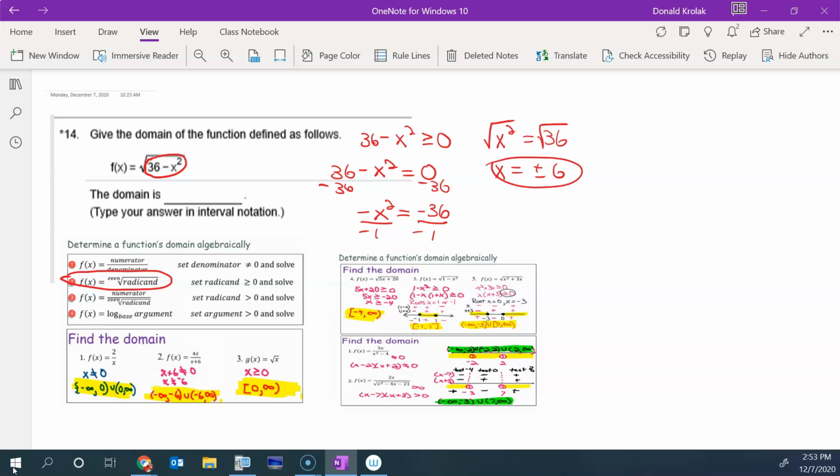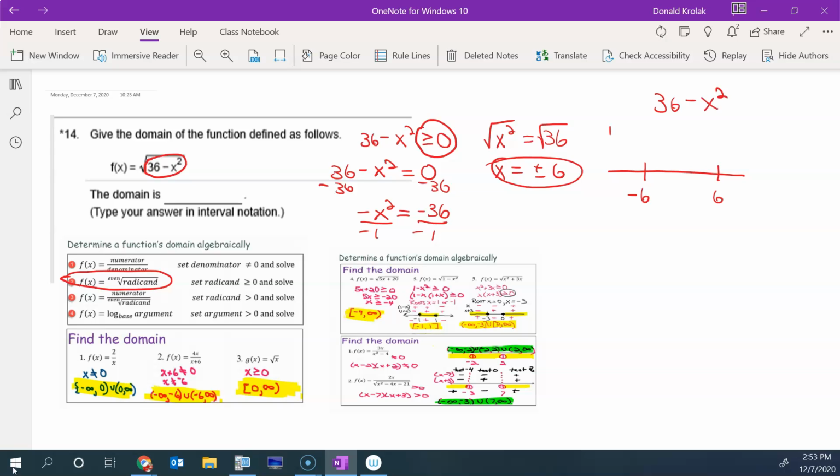All right, now to solve the inequality, we make a sign chart. -6 on it and 6. And I'm going to look for the intervals where I have a positive value or equal to 0. So I got 36 minus x squared.